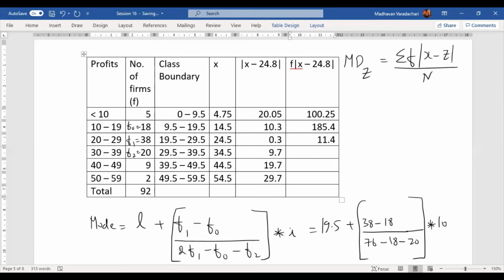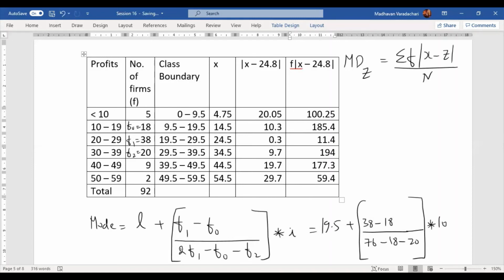Then 9.7 multiplied by 20, we get 194. Then 19.7 into 9, we get 177.3. Then 29.7 into 2, we get 59.4. Now let us add these values.